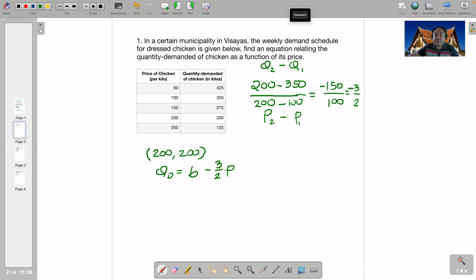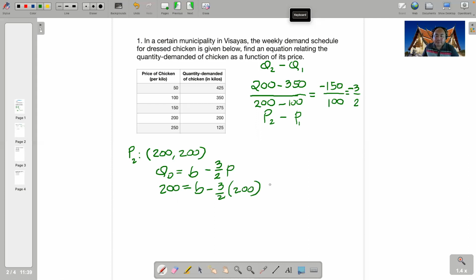Because Q, again, we said is the dependent variable or the Y variable, and price is the independent variable or the X variable. Knowing this and using this point here, we say that 200 is equal to B minus 3/2 times 200. So far so good.